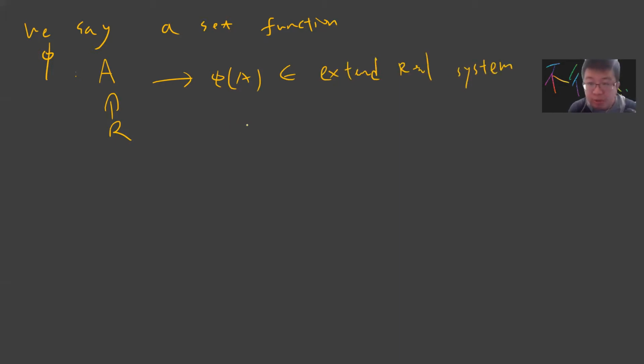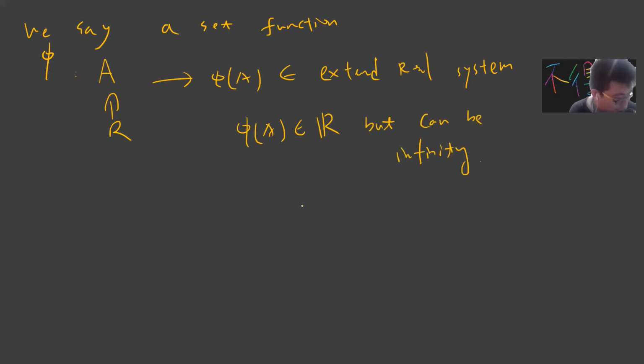Simply speaking, phi of A will be some real number, but it can be infinity or negative infinity. Okay, so this is the first statement, which is just a definition.